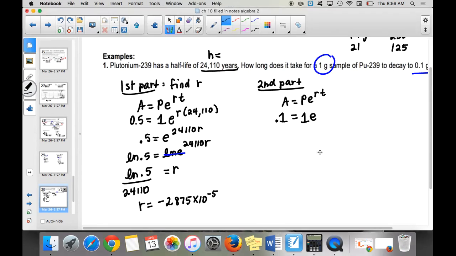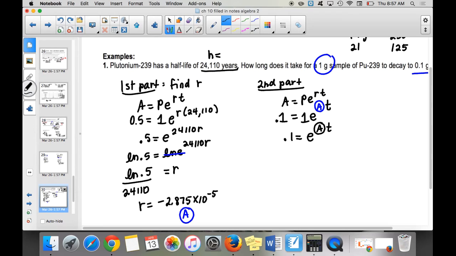So what we're going to do is in this equation, we don't want to write that crazy rate all the time. So I write an A and I circle it, so I know that's a stored value. And we're finding how long it takes, so we're finding T. And then we solve this out. So I divide by the 1, so I still have 0.1 equals e to the A times T. How do I solve for T?